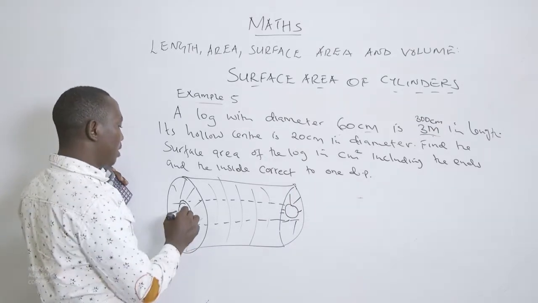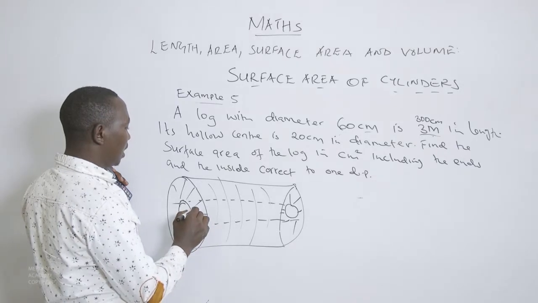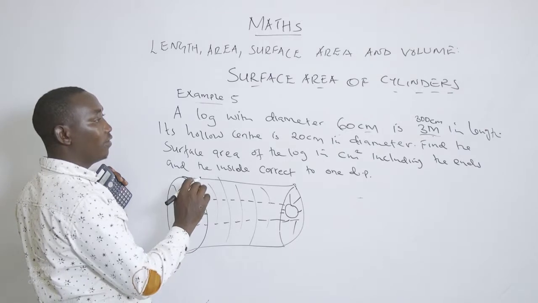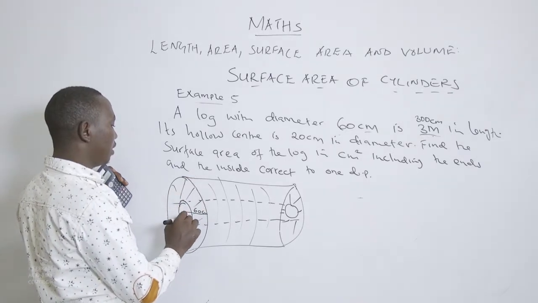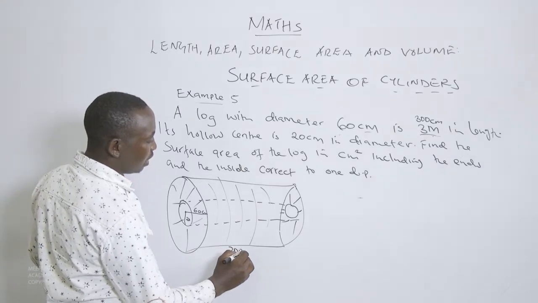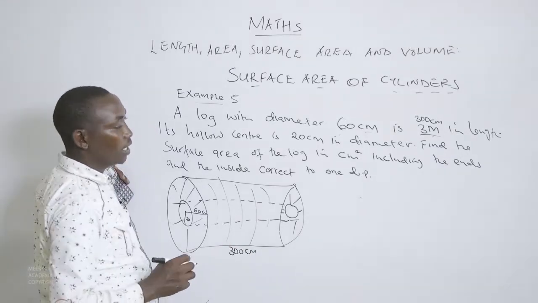We have been told that the radius of this log is 60 centimeters, and that of the hole is 20 centimeters, while in length it is 300 centimeters.